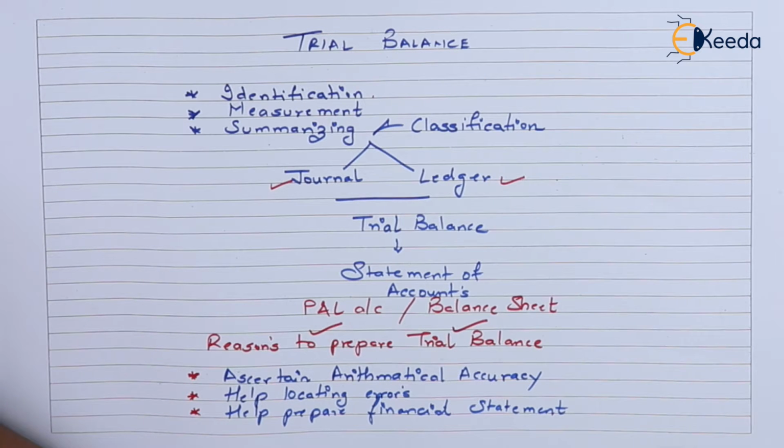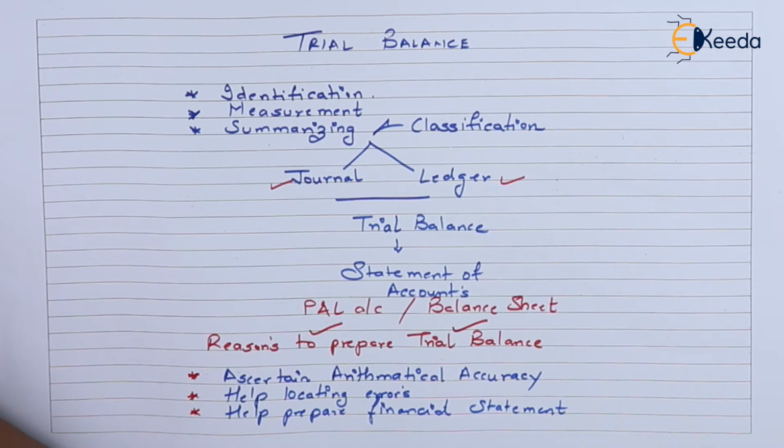The reason is that there are certain errors which may be rectified after preparation of the trial balance, or which may not get rectified because they are not identified until a later stage. When recording journal entries in the ledgers and posting balances, certain errors may be identified later, when preparing statements of accounts like the profit and loss account or the balance sheet. At that point, there are certain errors which might have been skipped in the preparation of the trial balance.